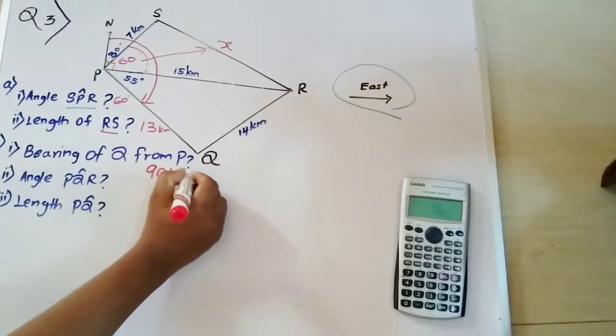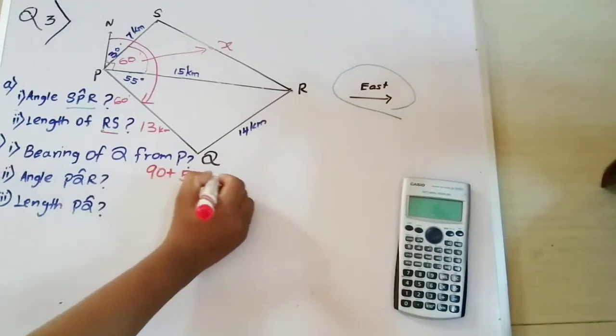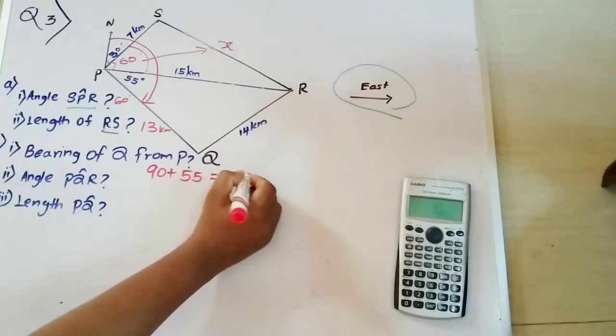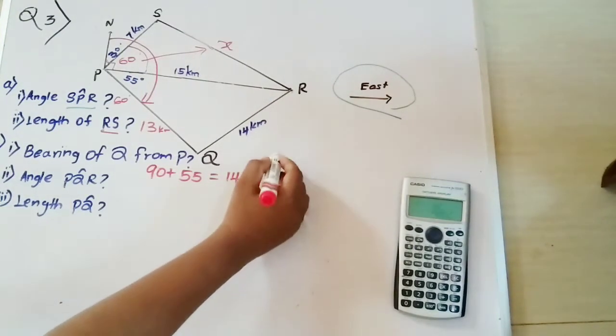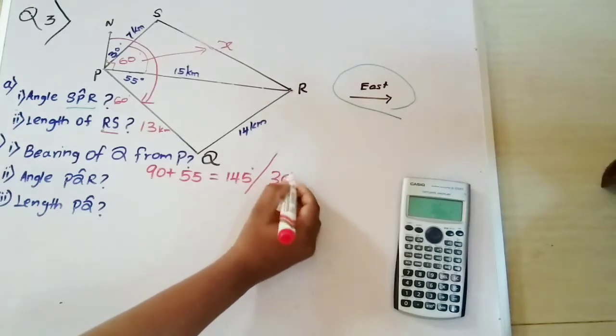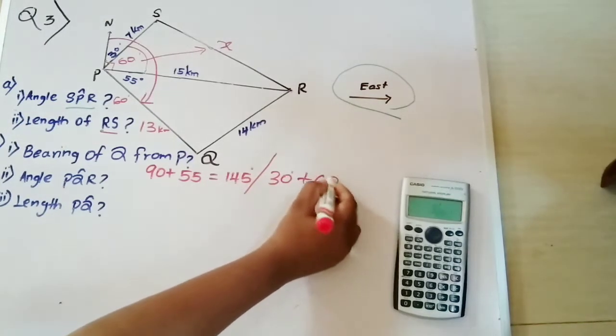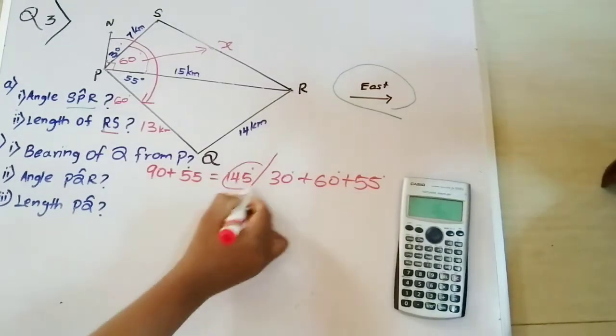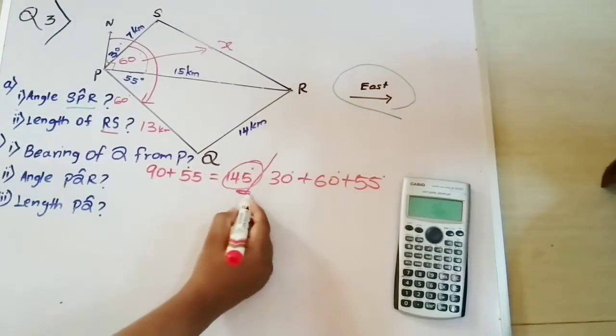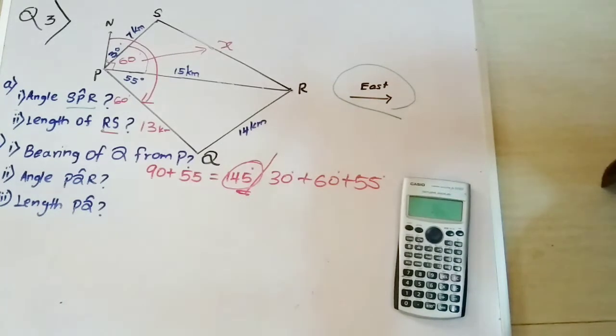So 90 plus 55, it's 145 degrees. Or else we can add all these three angles, 30 plus 60 plus 55. However, the answer is the same, 145.